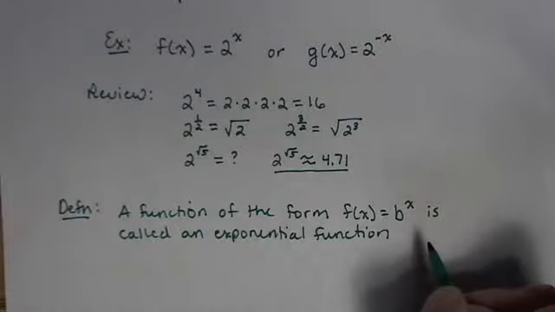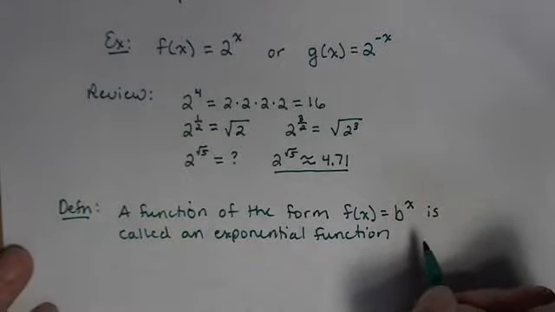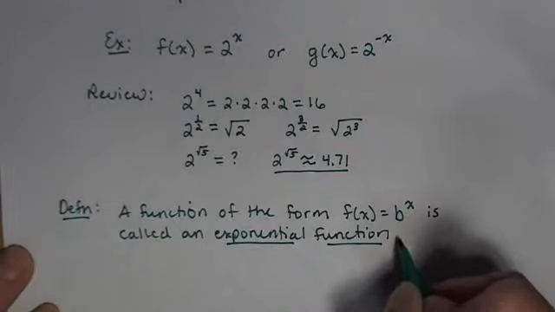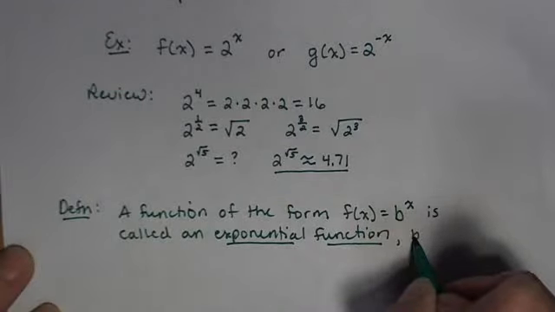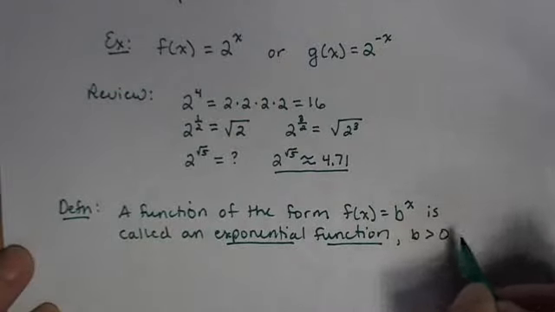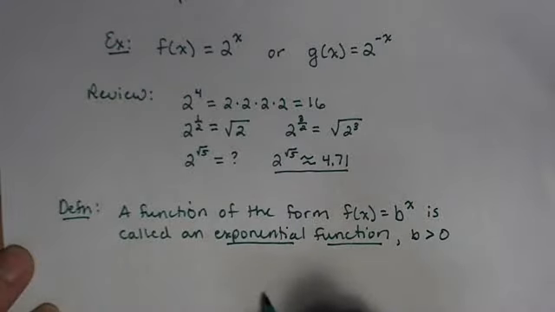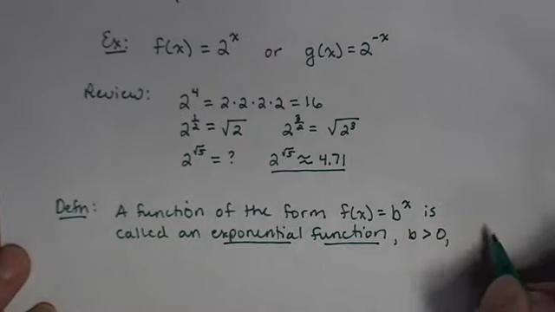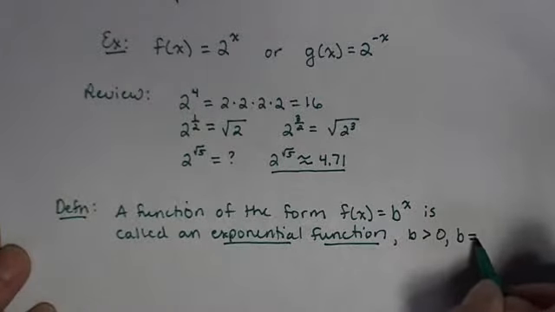Now, there's a few things that have to be true in order for it to be an exponential function. First of all, your b must be greater than 0. So your base will never be negative. The other thing that must be true is that b cannot equal 1.